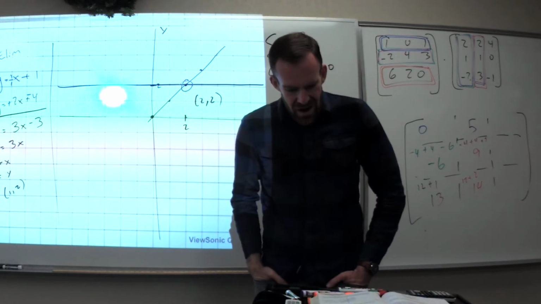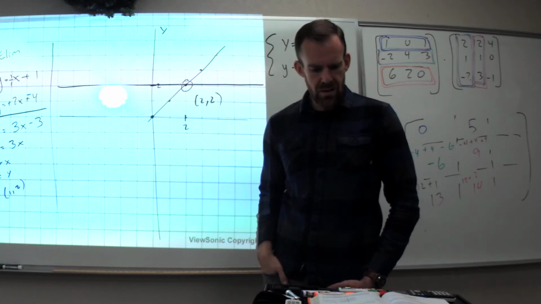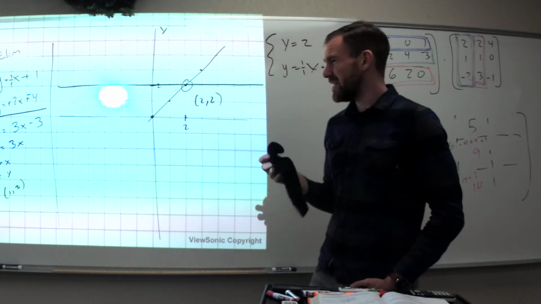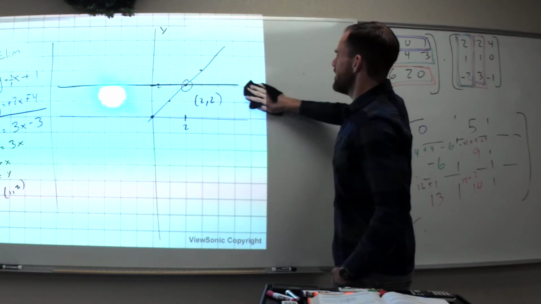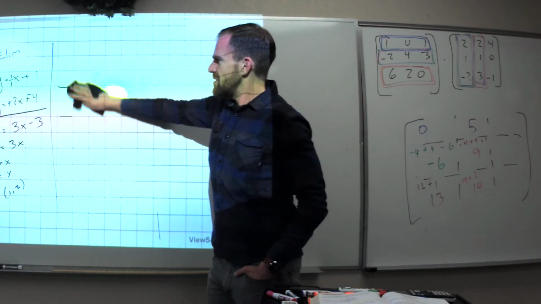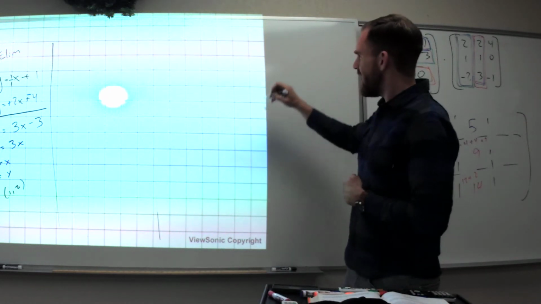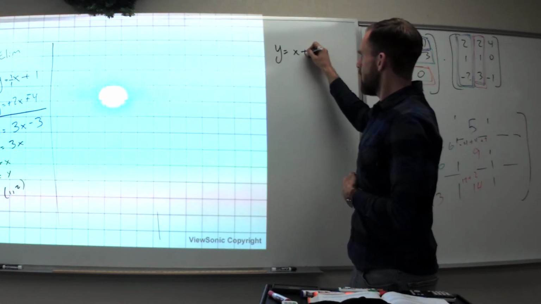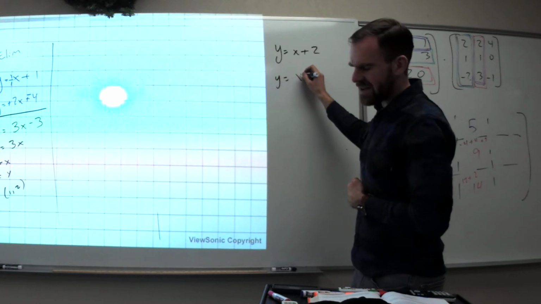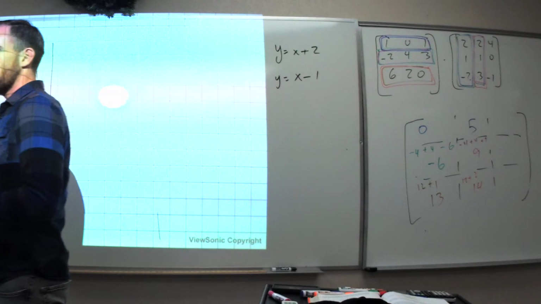All right, now we have an issue. Uh-oh. Let us try and solve this problem here. We are to solve y equals x plus 2 and y equals x minus 1. Now, here's what I would like you guys to do.